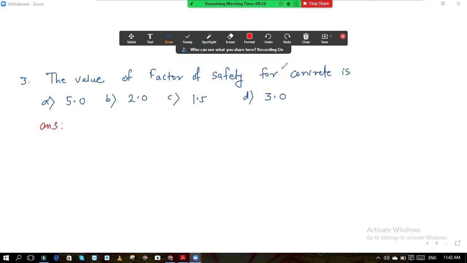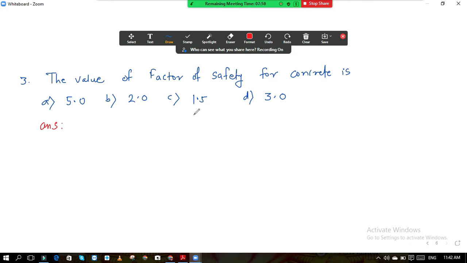Correct. Why is it not 1.5? We take concrete as 1.5 sometimes, now you are saying 3. See here, now understand the difference. In this question, they have asked you the factor of safety. Factor of safety means it comes under working stress method, WSM. Factor of safety is 3.